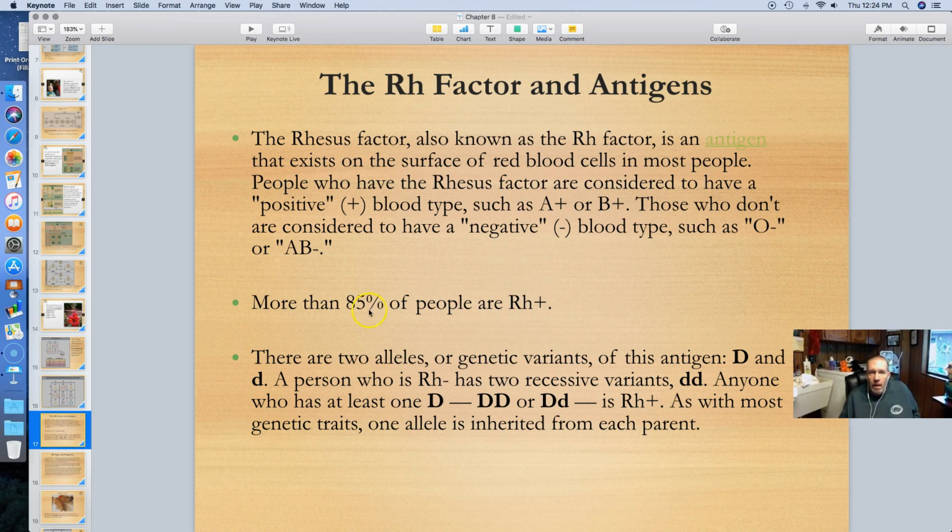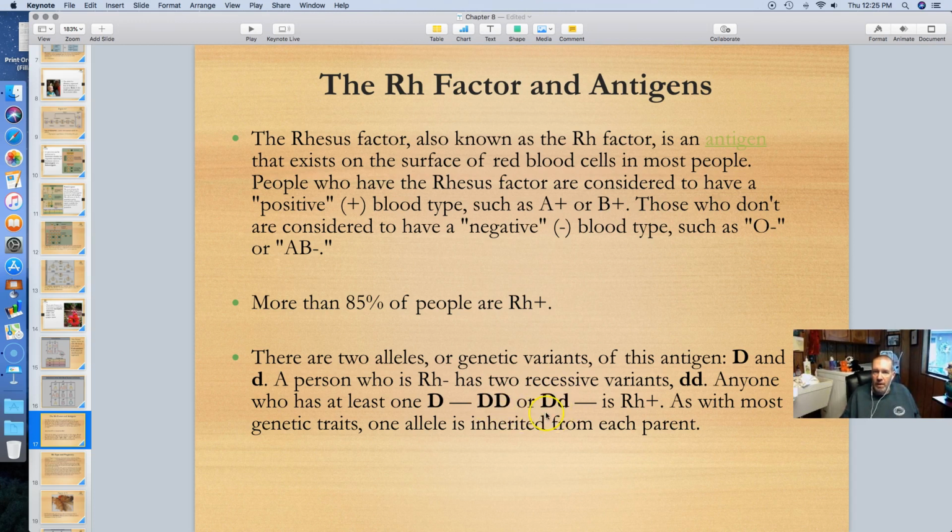And then, there are 2 alleles or genetic variants of that antigen. Basically, you can think of it as a dominant and a recessive. A person who's negative has both recessive alleles. If you're positive, then you have at least one dominant allele, so it can be dominant-dominant or dominant-recessive.